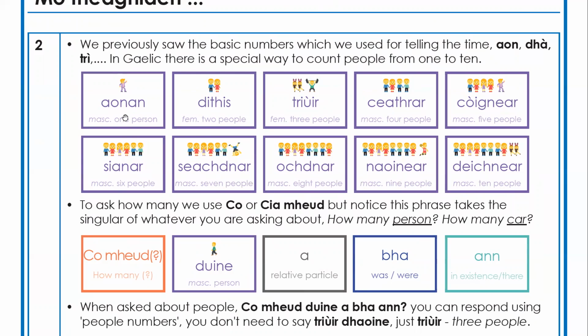So these literally mean 1 person, 2 people, 3 people, 4 people. You'll notice that Jish and Trúr, 2 people and 3 people, are feminine, whereas the rest are all masculine. So Unan, Jish, Trúr, Kerar, Coigner, Sianer, Seachner, Ochner, Neuner, Jechner.